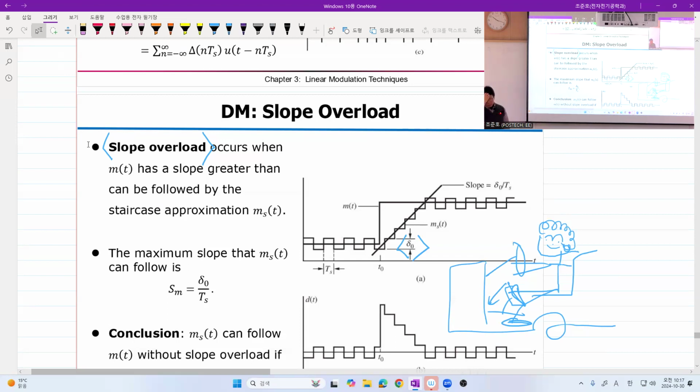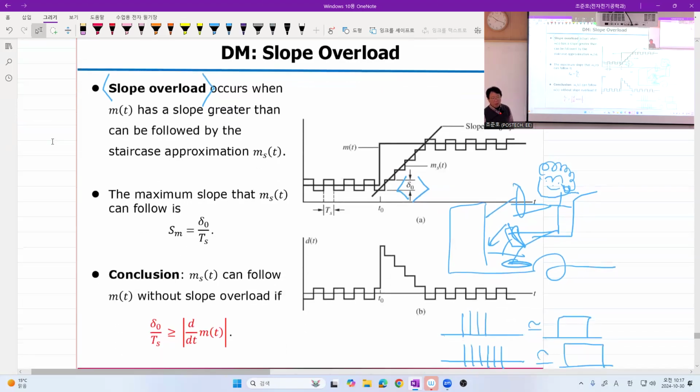This is called slope overload, and we lose some information. So this type of approach should be chosen very carefully, depending on the nature of our original message. The problem is that our speech signal cannot be mathematically well modeled. That was the belief. But you will see what human beings have achieved to compress our voice.